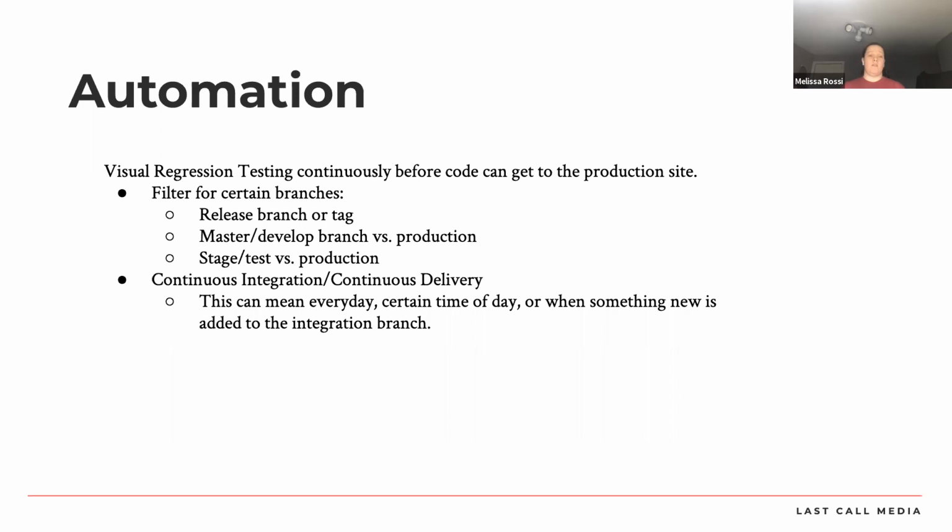You can test your stage environment versus production. And you can also continuously test your integration branch, every day, certain times of the day, or when something new might make a change that should not happen. So there's a lot of flexibility with it.